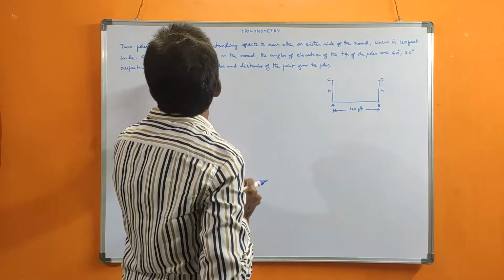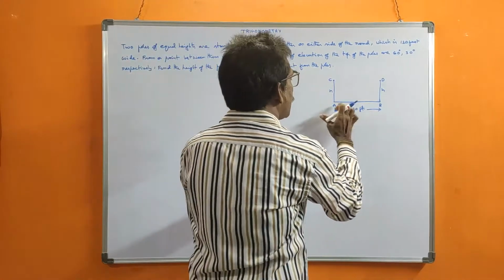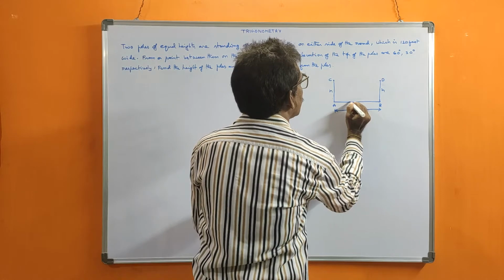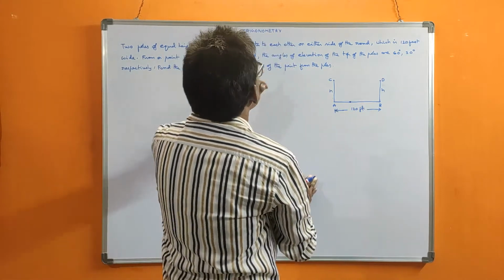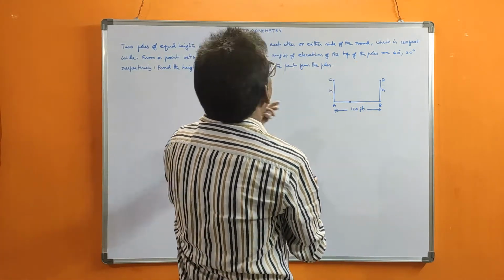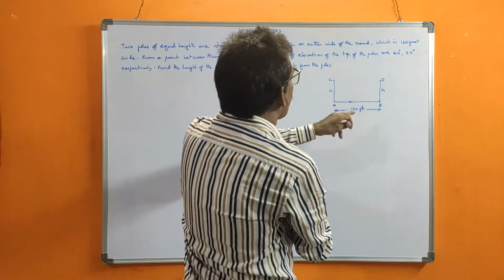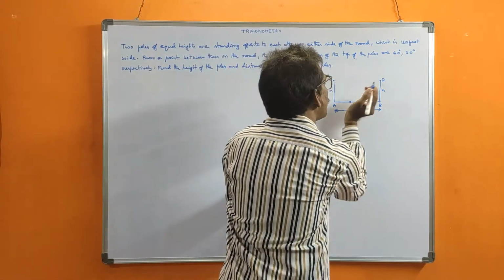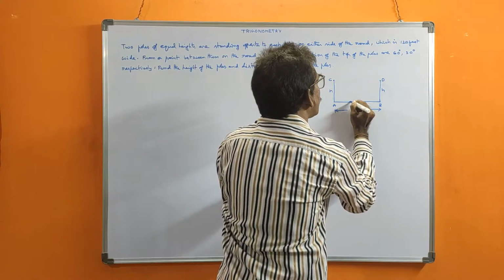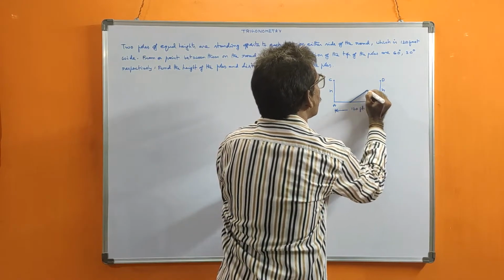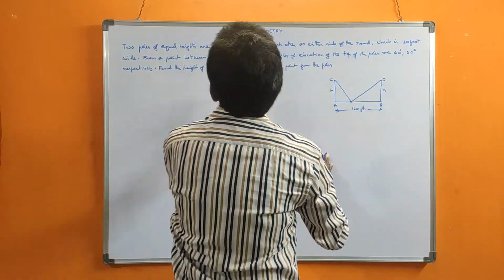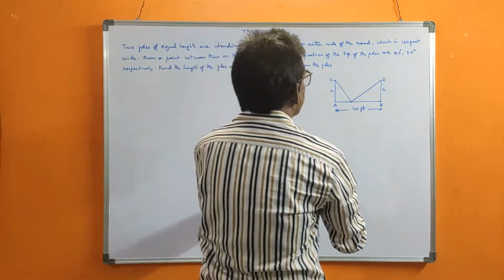Next, from a point between them, any one point in between, not exactly in the middle, suppose here, the angles of elevation of the tops of the poles, this pole and this pole, are observed from the same point only. From here, turning this side he observed this angle, and turning this side he observed this angle, 60 degrees and 30 degrees.